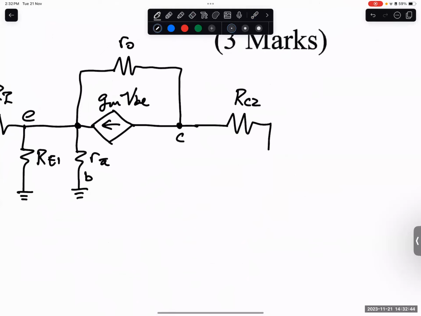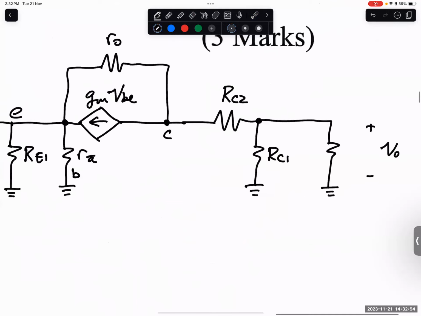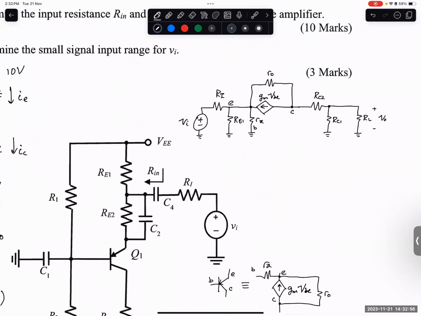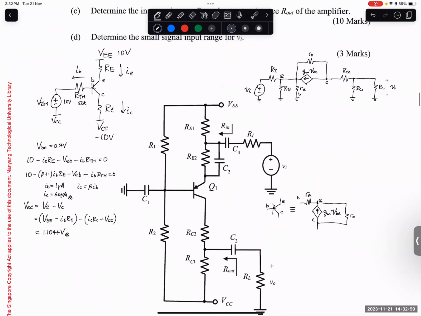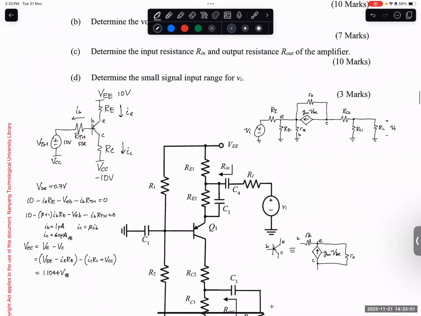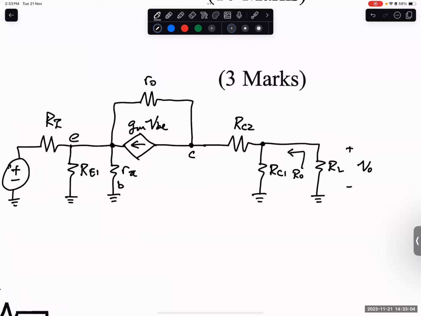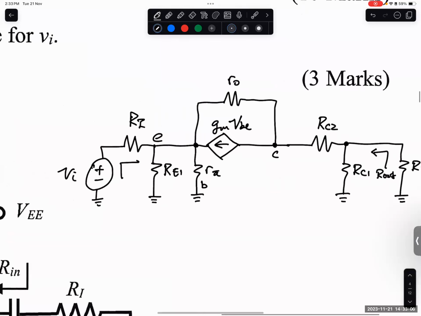Then after that, what we have here to the ground is RC1, and here is the output, RL. So what we see here is actually R out, and what we see here is R in. I just write like that for me. Maybe I use another color.